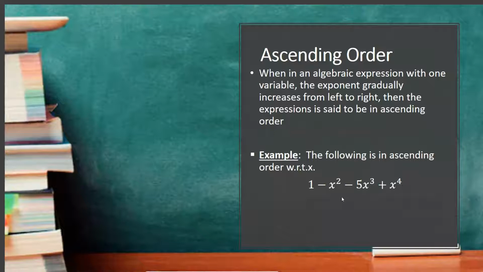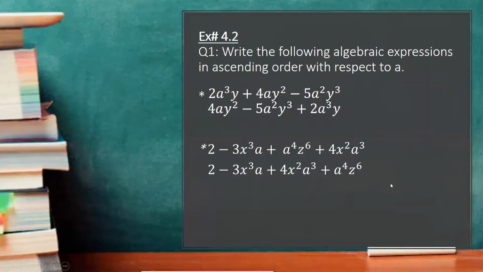We are going to increase the power of x, that means we follow the ascending order with respect to x. In this question, only one variable is there. So we get 1, x square, minus 5x cube, plus x raised to the power 4. This is called the ascending order, when the power of the variable is increasing from left to right.